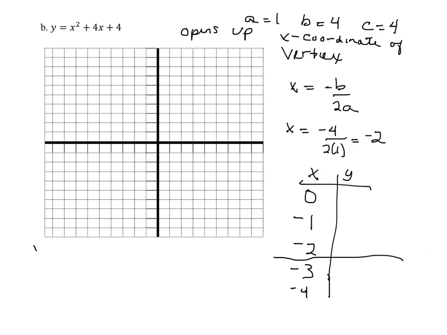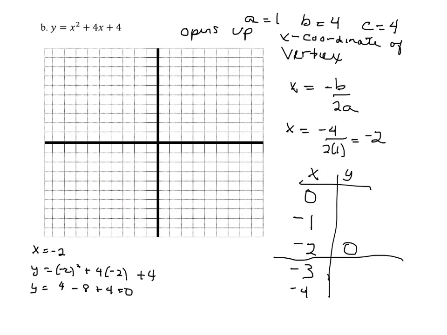When x is equal to negative 2, we plug in negative 2 squared plus 4 times negative 2 plus 4. Negative 2 squared is a regular 4. Take away 8 plus 4. Oh, it's 0. So there we go, negative 2 comma 0.